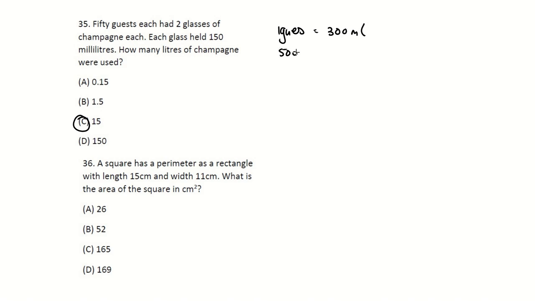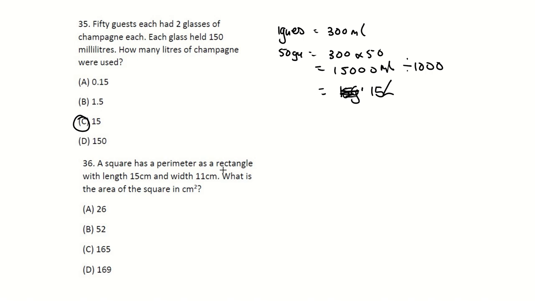So 50 guests would be 300 multiplied by 50, which is 15,000 milliliters. To change this to liters, we divide by 1,000. So therefore it is 15 liters.